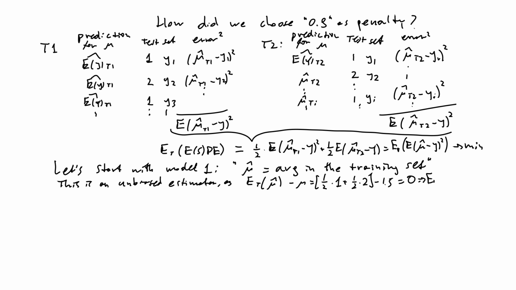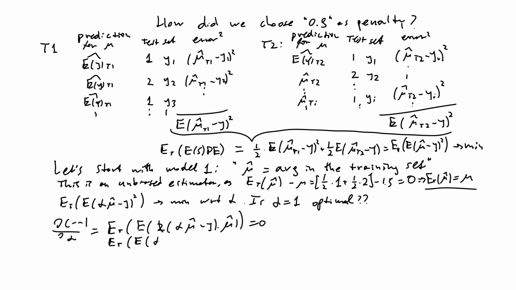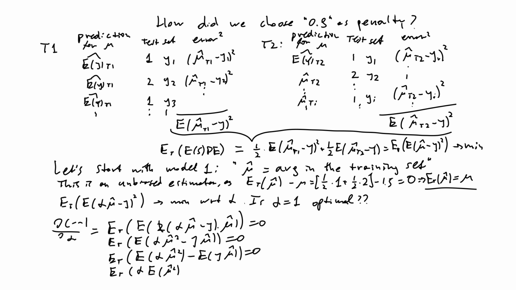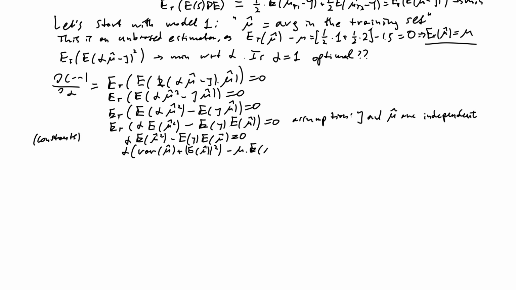This is the unbiased estimator, model 1. Let's see if we add alpha times the prediction, whether 1 will be optimal, or 0.9, or any other number. We take the derivative with respect to alpha of the expectation of the expected prediction error, and after some calculation we can see what alpha should be equal to.